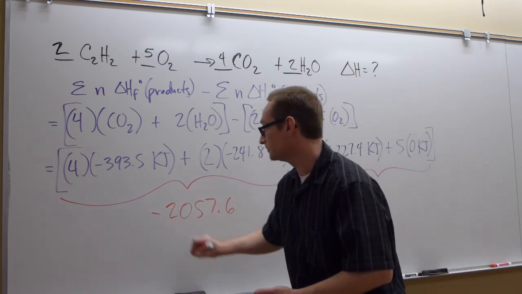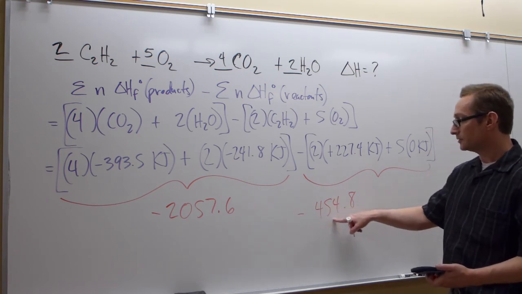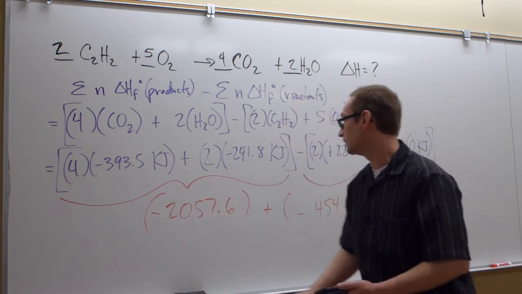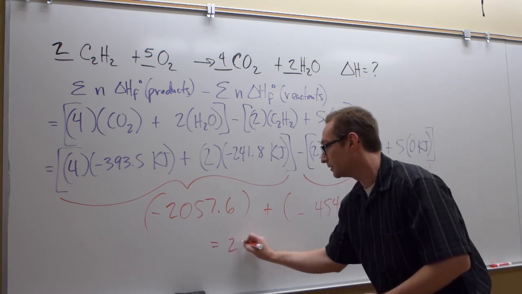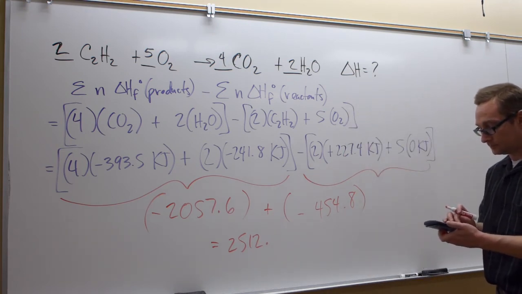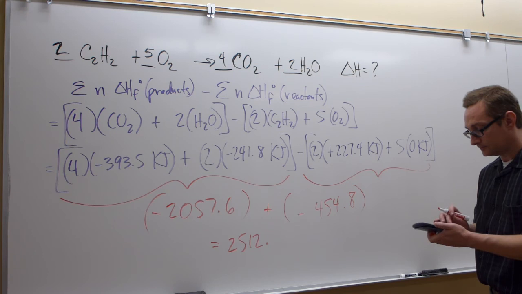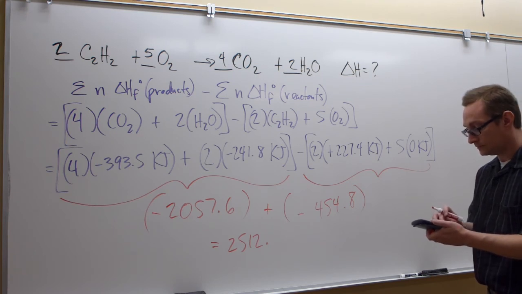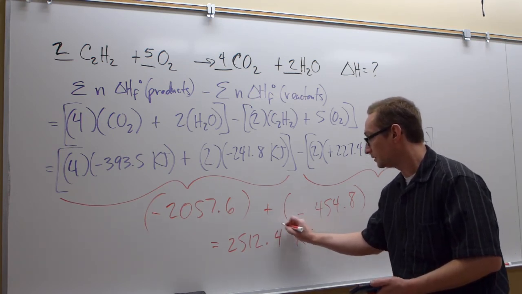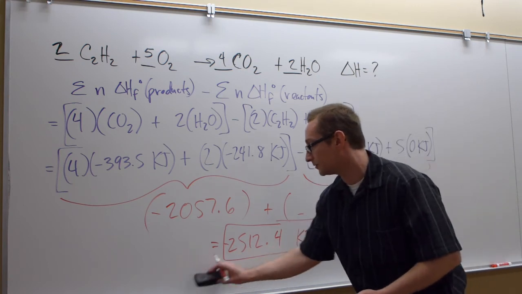This is a negative number here. So negative 2,057.6 plus a negative 454.8. And you should get negative 2,512.4.